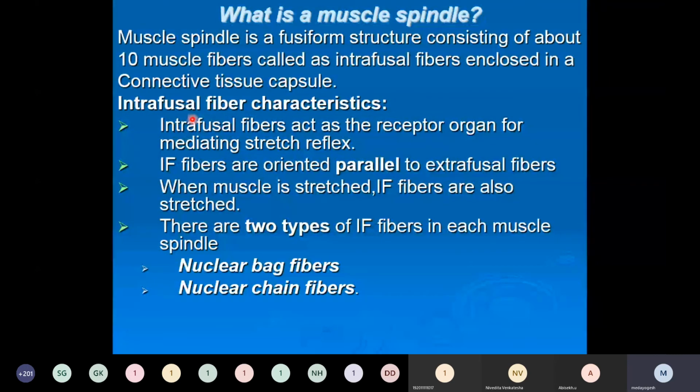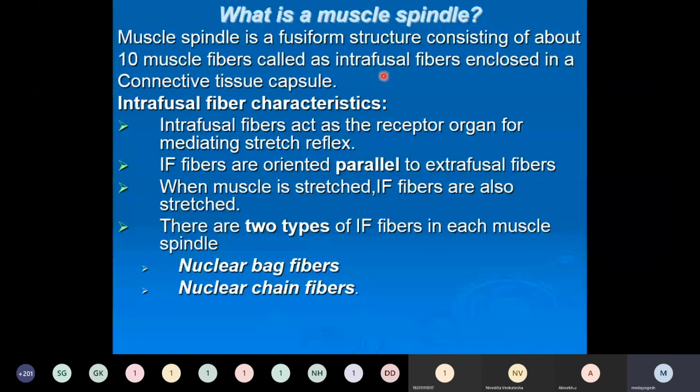Now we are going to learn about the intrafusal fibers. What are these intrafusal fibers? The muscle spindle is a fusiform structure consisting of about 10 muscle fibers called the intrafusal fibers, enclosed in connective tissue. This muscle spindle is going to act like a sensor in the muscle. It is going to sense the changes happening in the muscle.